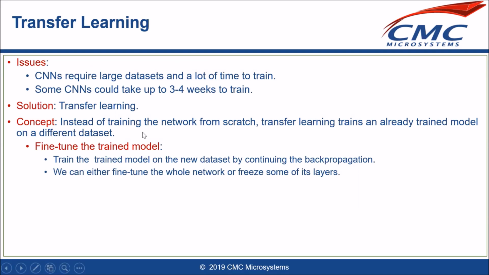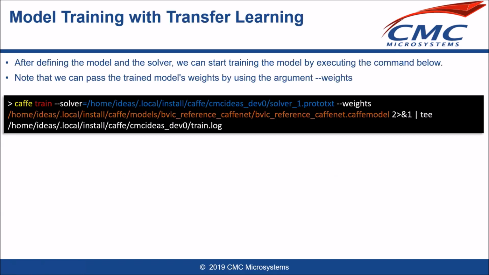Transfer learning trains an already trained model, and there are a lot of trained models online that you can use. In our case, we used something that is available through Caffe, which is a model pre-trained on ImageNet.